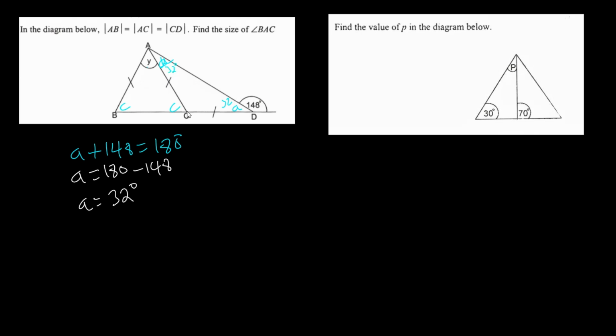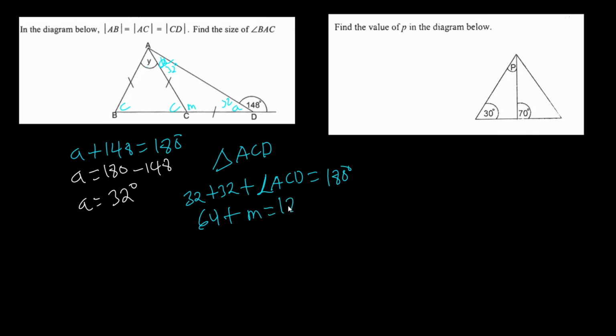Now let me call here angle M. Now consider triangle ACD. I have 32 plus 32 plus angle ACD is equal to 180 degrees. So 64 plus the angle ACD, which is M, is equal to 180.